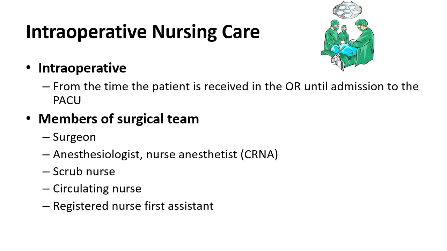They are scrubbed in and part of the procedure, while the circulating nurse is not scrubbed in. So typically the circulating nurse and the anesthesiologist are not scrubbed in, and most of the other team is scrubbed in.